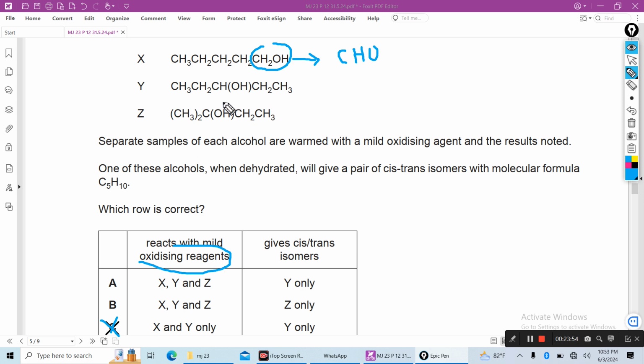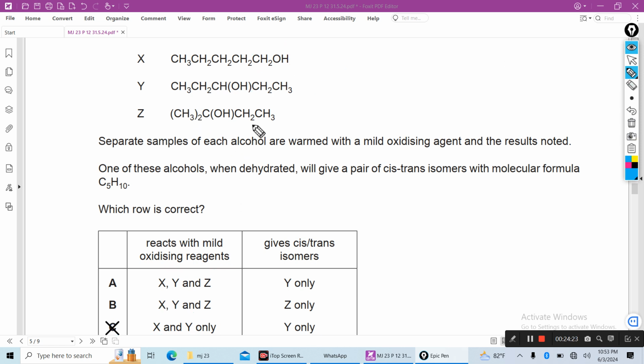Also Y is a secondary alcohol, so it will go to a ketone. So X and Y only. But Z is the tertiary alcohol. Tertiary alcohol does not oxidize. Then the second part of the question, which gives cis trans isomers: Y only gives cis trans isomers.